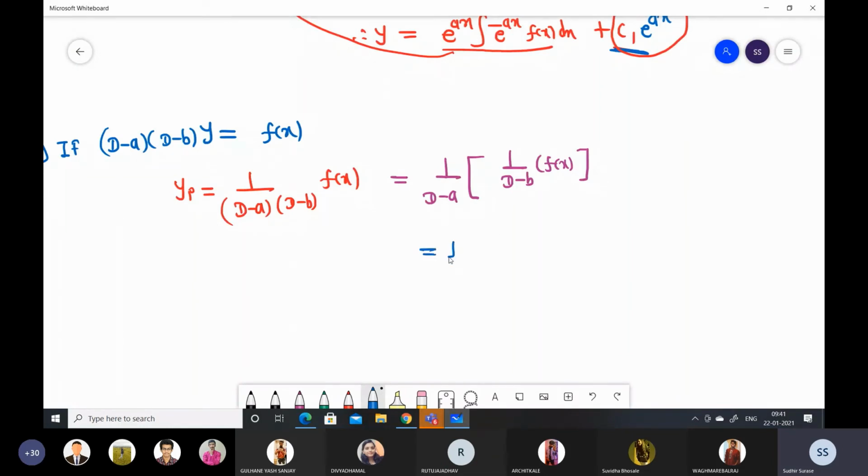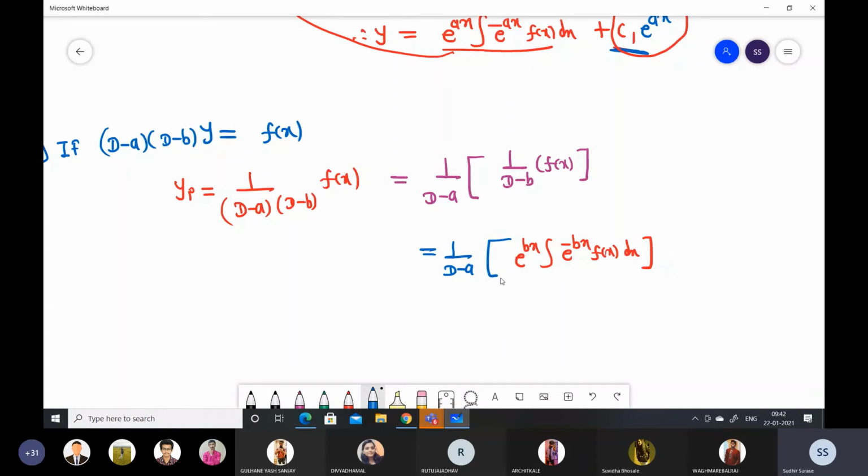So this is 1 upon d minus a as it is, and according to that previous formula I can write e to the power bx inside the integral e to the power minus bx f of x dx, bracket complete. And then after solving this integral, one more time you have to apply the same formula to get the required answer.